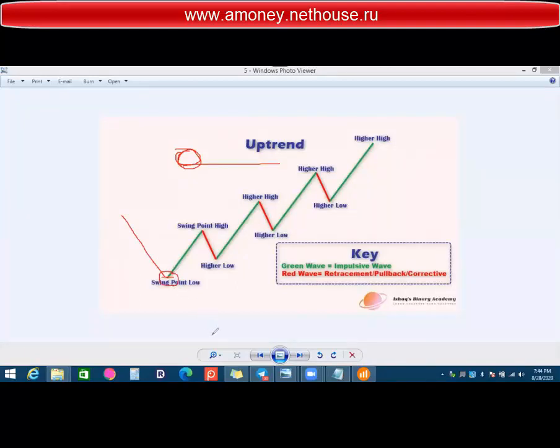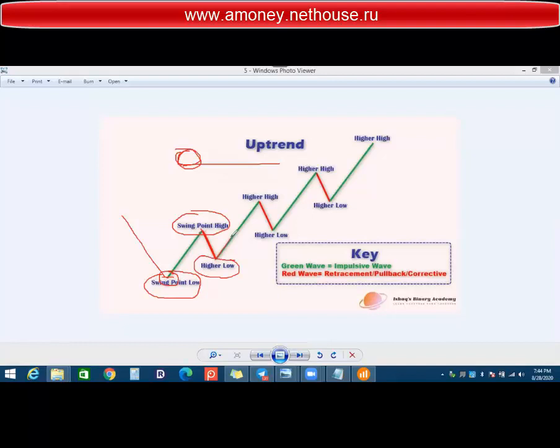There is no other low point before this. This is the first low point, or the last low point we can say, and that is the first high point. Now the market moves down and makes a higher low, because this is a lower low. This is the last lower low, and the market makes another low, but that is our higher low, because this higher low is followed by the lower low.